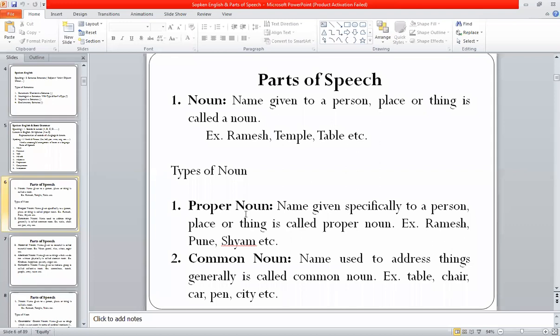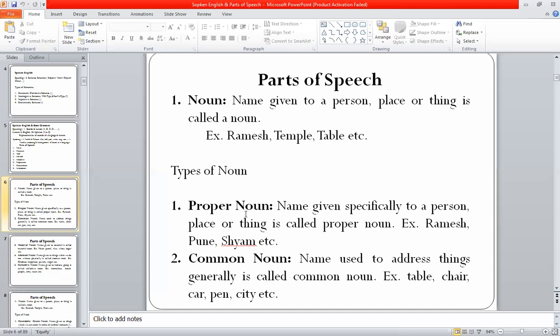So basically, a noun is a name given to a person, place, or thing. The thing may be living or non-living.